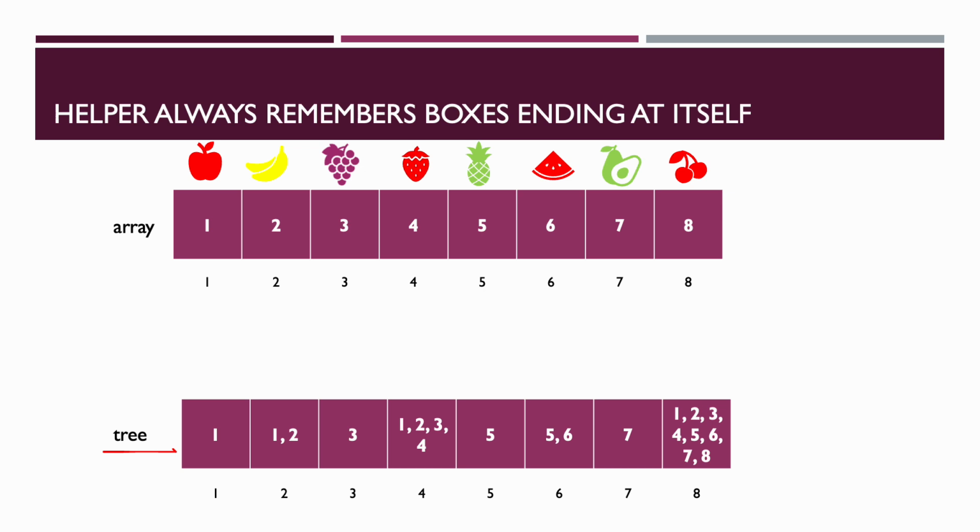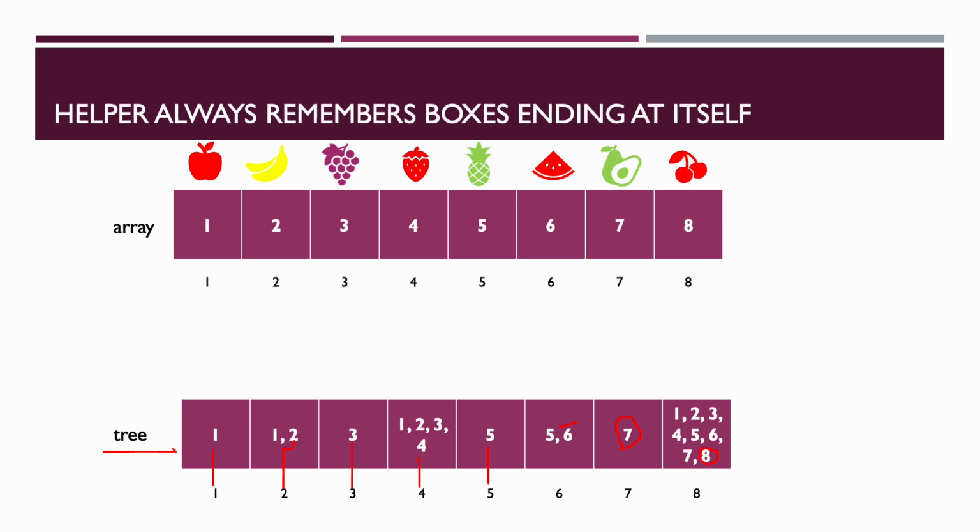So for helper 8, the ending index is 8. For helper 7, the ending index is 7. For 6, the ending index is 6. For 5, 5. For 4, 4. For 3, it is 3. For 2, the ending index is 2. And for 1, it's 1.